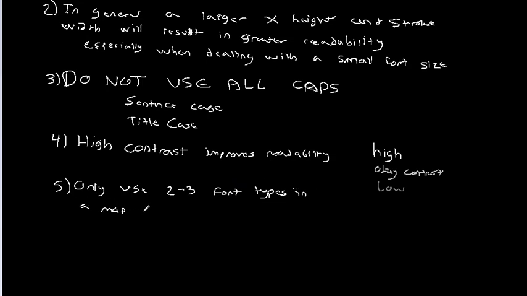Because if you get beyond that, the reader is going to be more confused. They're going to have to work harder because the different font types are just going to be more of a strain on the user. So you generally want to keep 2 to 3. Maybe have one for your title, one for your other text that's not part of the main element, and then maybe 1 or 2 for the different labels in the map.